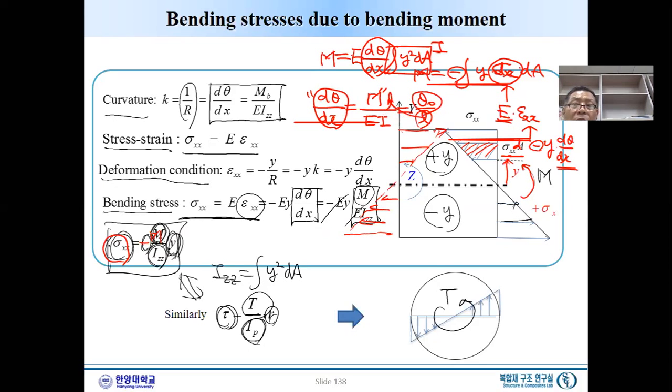So theta 0 is the moment times L divided by EI. That was the beam theory, and I highly recommend you derive this equation several times so that you can feel very confident about this derivation.